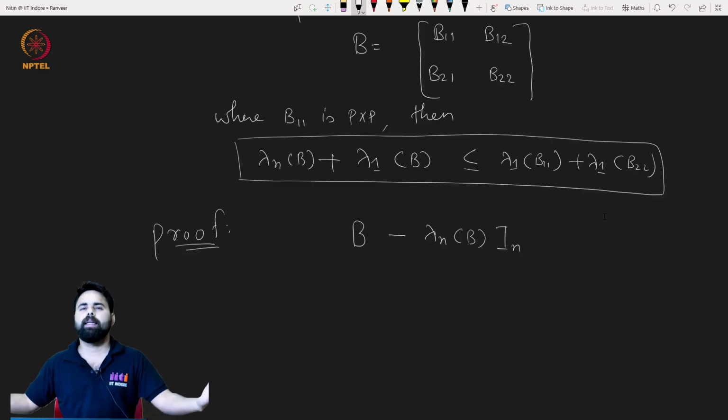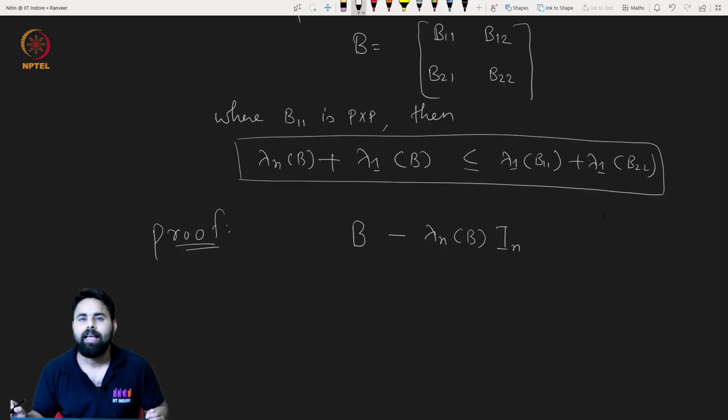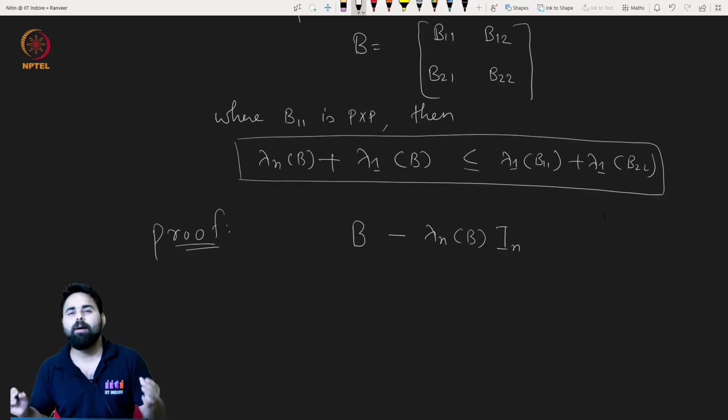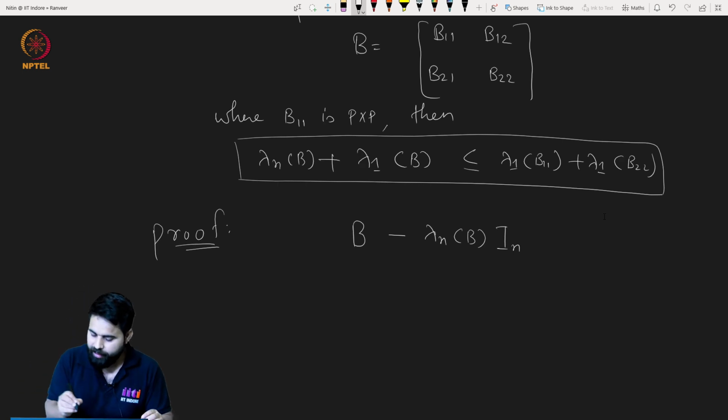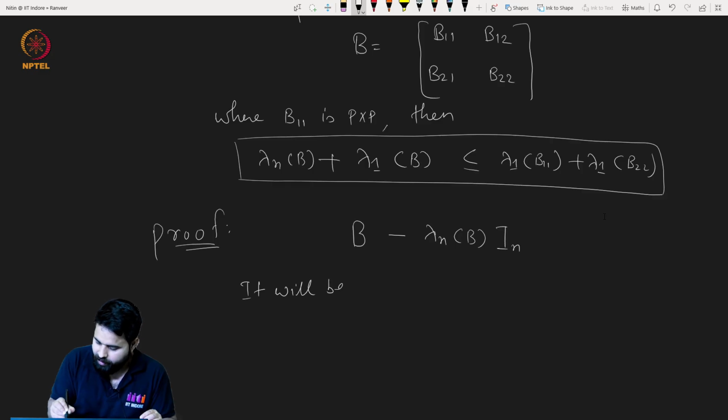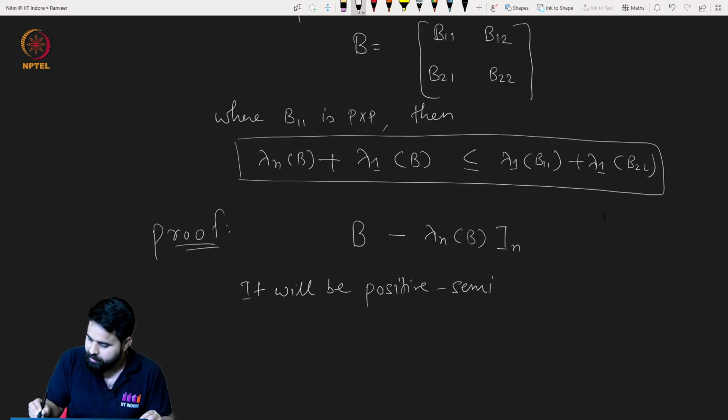What will be the nature of this matrix? This matrix will be a positive semi-definite matrix. But why?